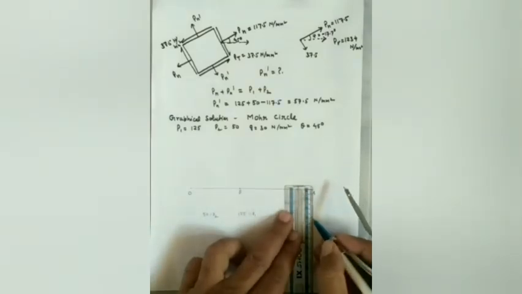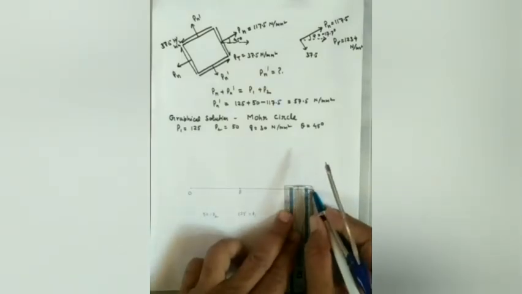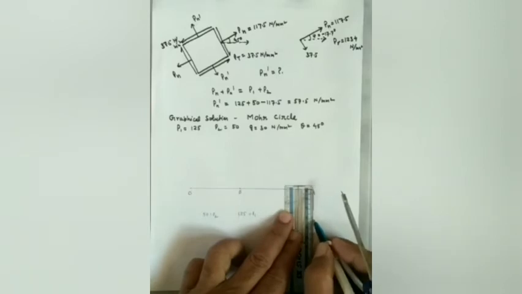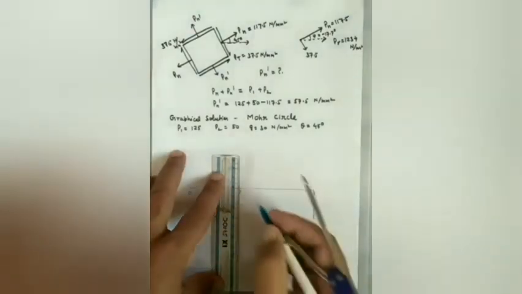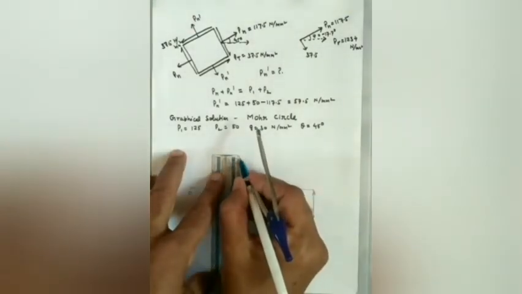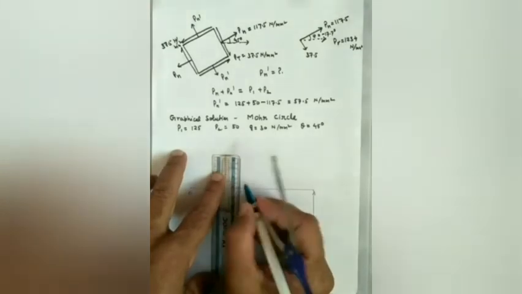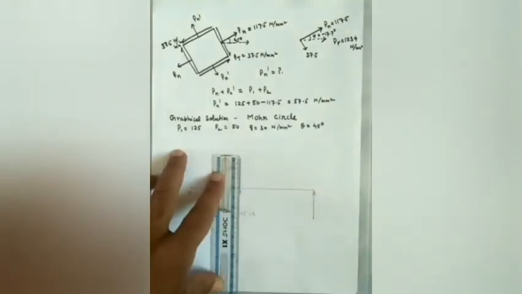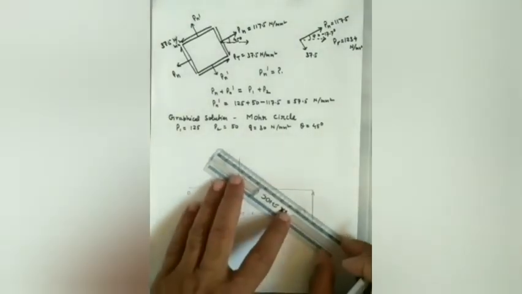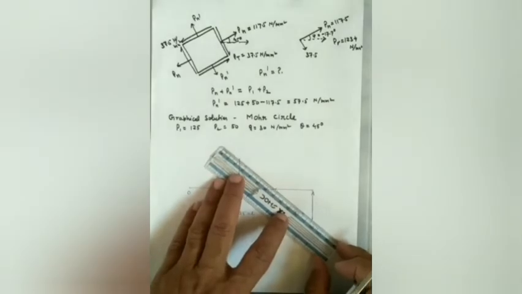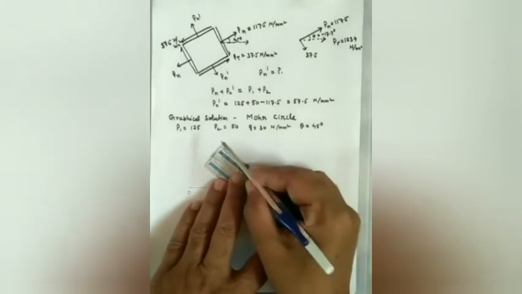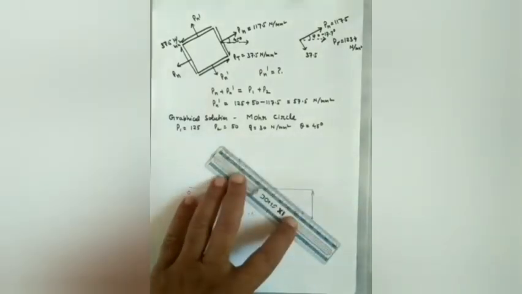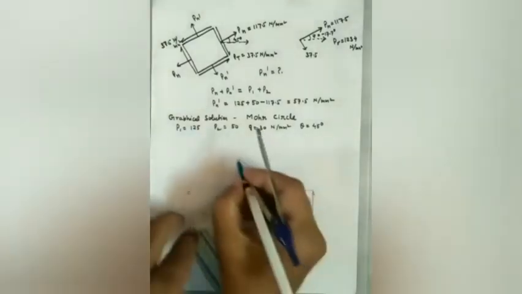From the point A, since the shear stress is positive, draw a line perpendicular to the value of shear stress, that is 30 downward, and from point B upward. If we join these 2 points, the line will pass through the midpoint of the line AB.